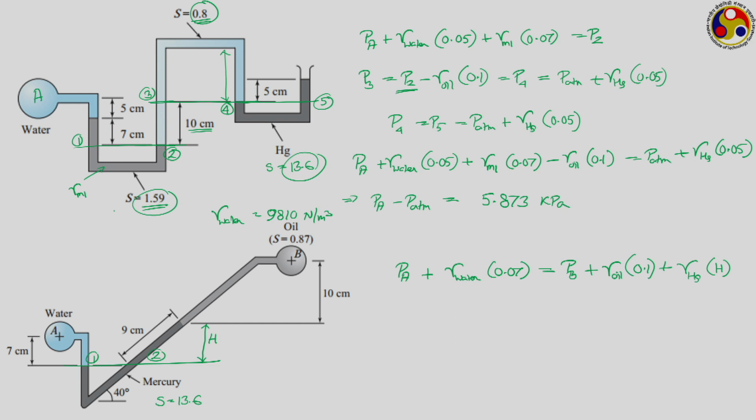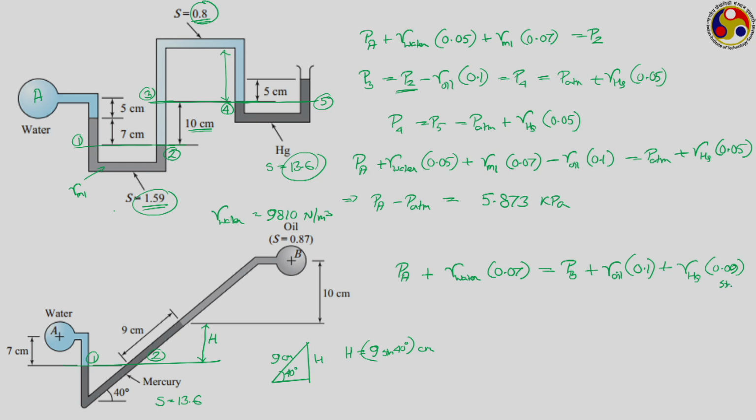How can you relate this to this 9 centimeter inclination length? Here you can talk about a triangle. This triangle is having a height of h, this length is 9 centimeter and this included angle is 40 degree. So, how is h related to this 40 degree? We can easily say that h is equal to 9 into sin 40 degree, this much of centimeter.